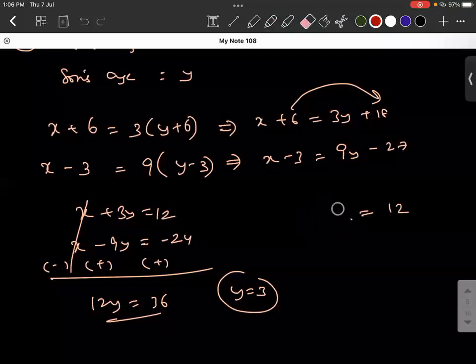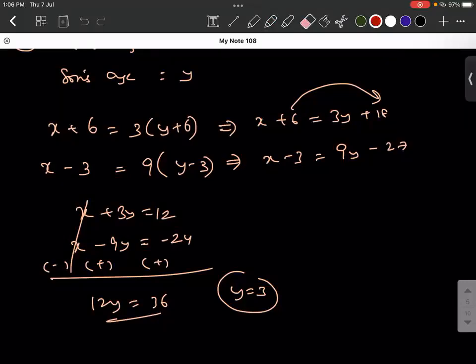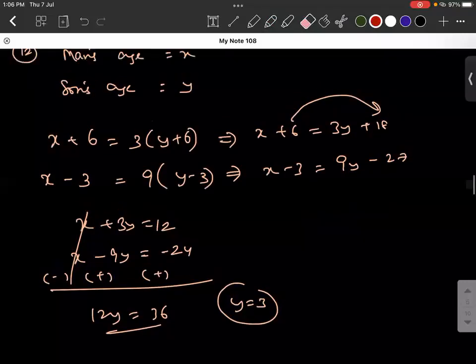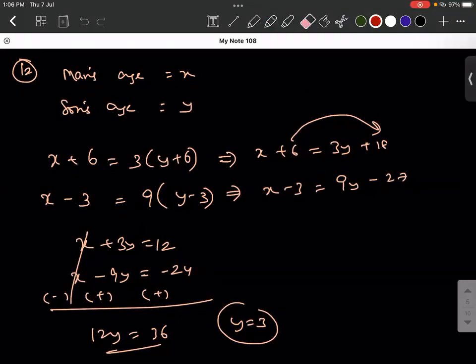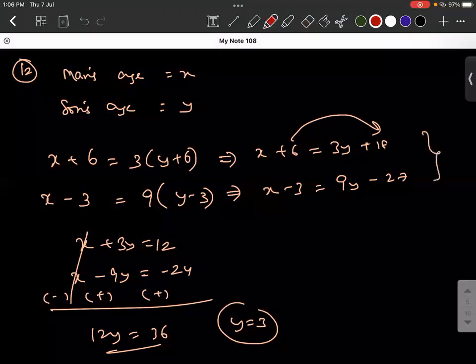How much did you get? The son's age is needed. y is not 3. I mean, if you get the son's age, you'll be able to find the man's age, right? So what is the man's age you got? 30? How? In this equation, when you substitute in these equations, you got 30.